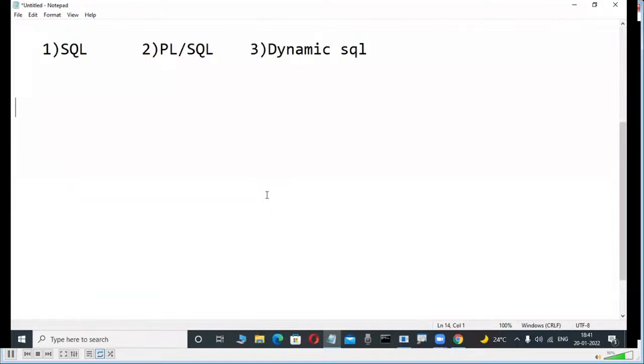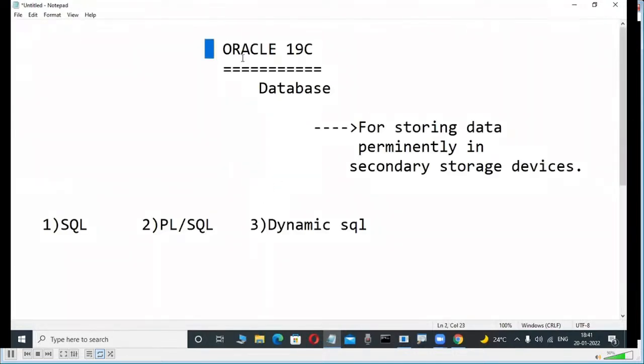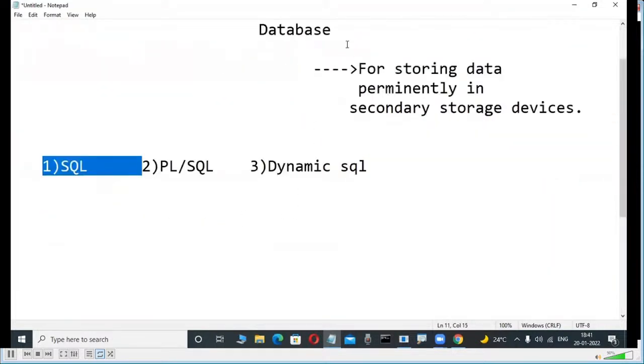But syntactically totally different. Functions are also totally different. That's why in our class we are learning the Oracle SQL language. Understood?